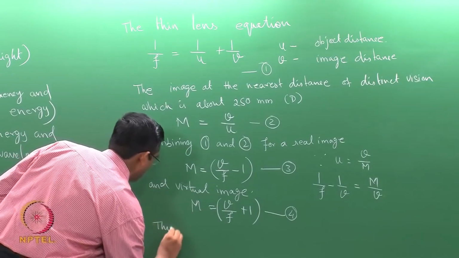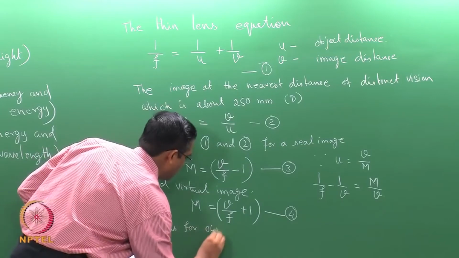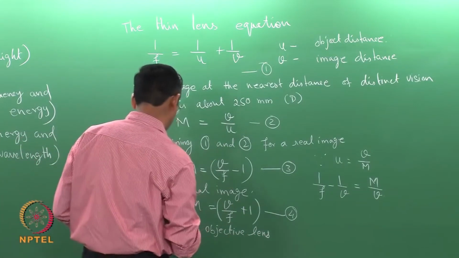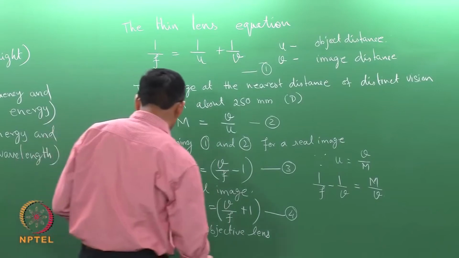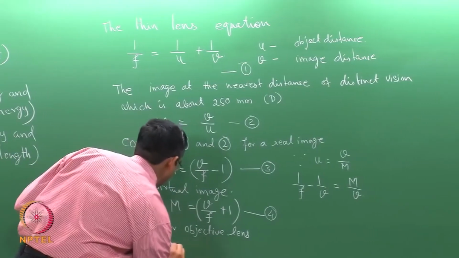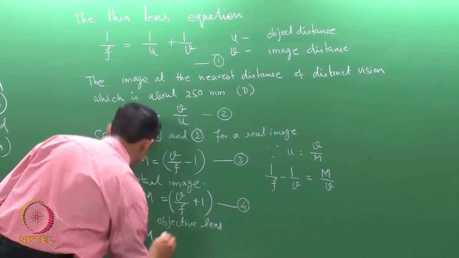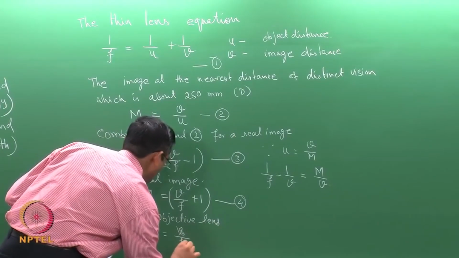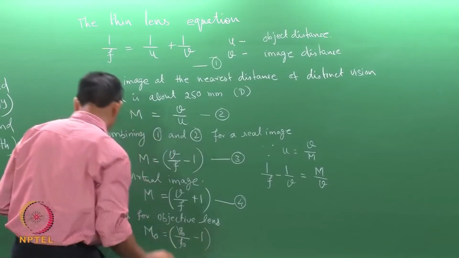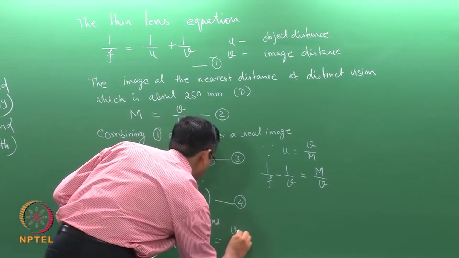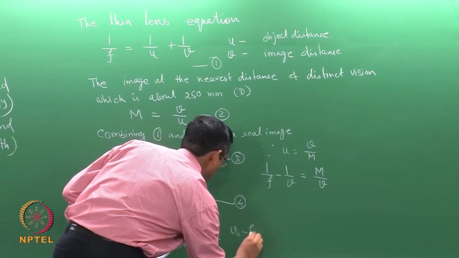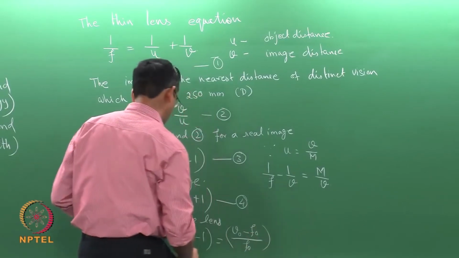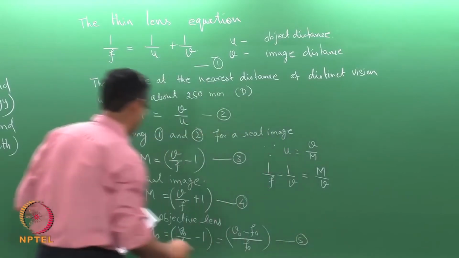So now we can write for the objective lens, this is the objective lens magnification.